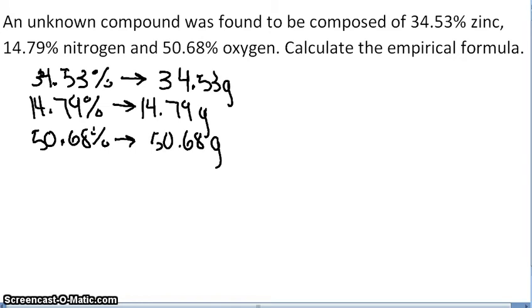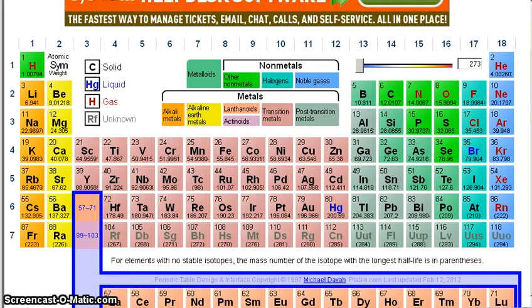So the first thing we do when we're calculating the empirical formula is we take the grams of our element. So we'll start with zinc. The grams of zinc are 34.53 grams. We want to divide that by zinc's molar mass. So we go to our periodic table, and we find that zinc's molar mass is 65.38.